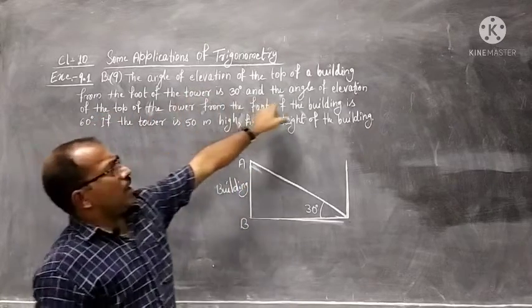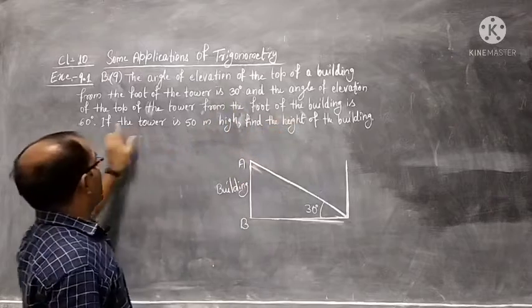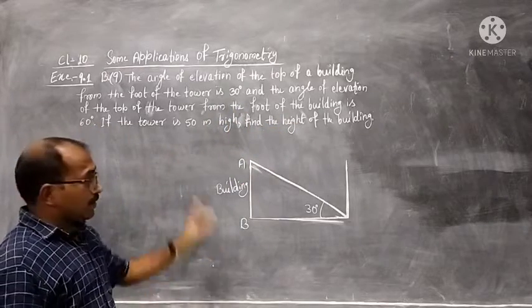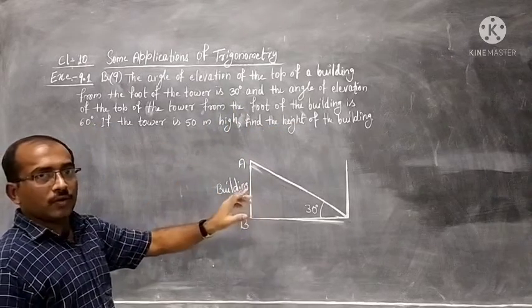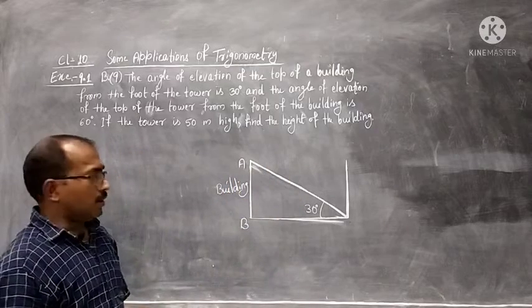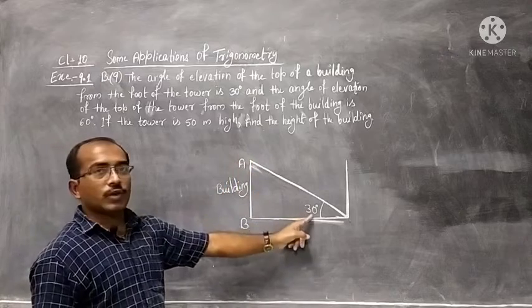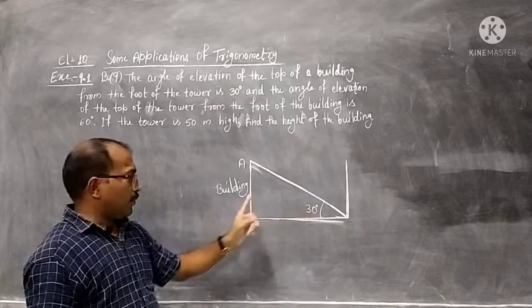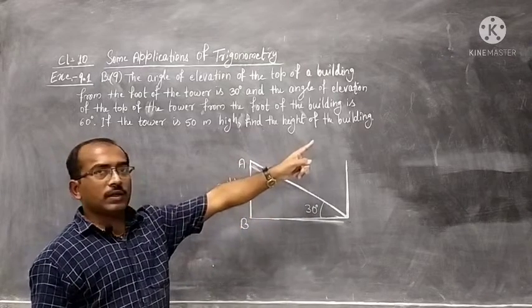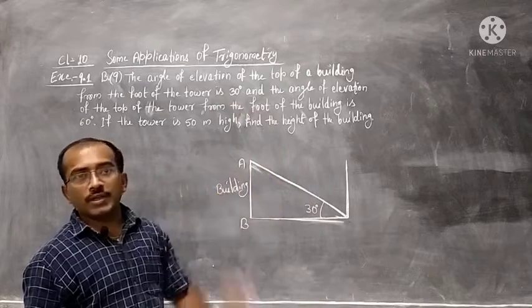Then the angle of elevation of the top of the tower from the foot of the building is 60 degree. So, this angle will tell us whether the building is taller or the tower is taller. From the foot of the tower we are looking at the top of the building, the angle is smaller, that is 30 degree, and from the foot of the building we are looking at the tower, the angle is 60 degree, that means surely the tower is taller than the building.